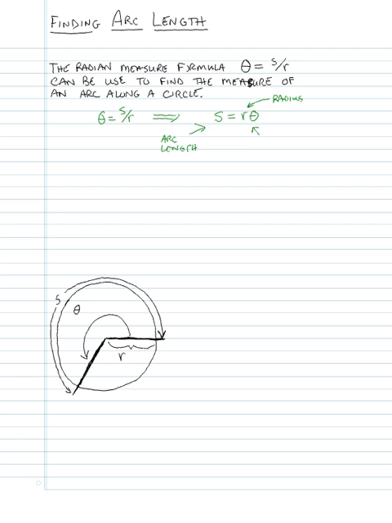And this theta is the measure of the central angle. It's important to remember that this is in radians, because this was the formula we used to calculate radian measure. So that angle has to be in radians. Okay, let's keep that in mind.